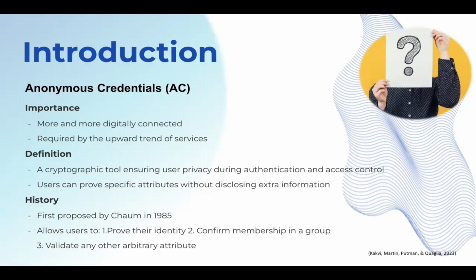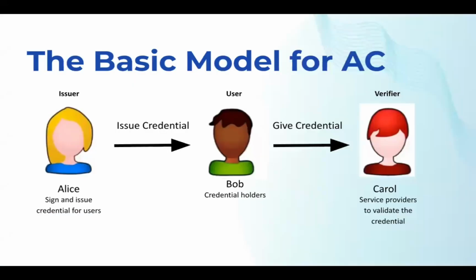So our focus today is on four representative advanced AC approaches. Before diving deep, it's essential to understand AC's basic model. The most basic model for an AC system defines three types of entities: users, issuers, and verifiers. Issuers are entities that sign and issue credentials for users.